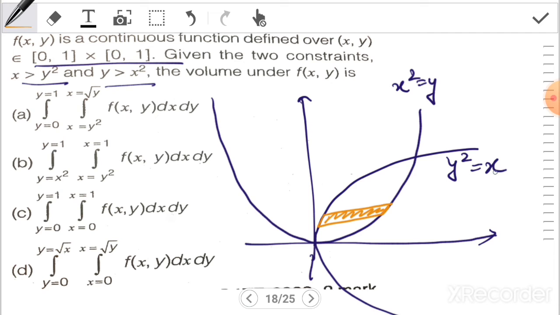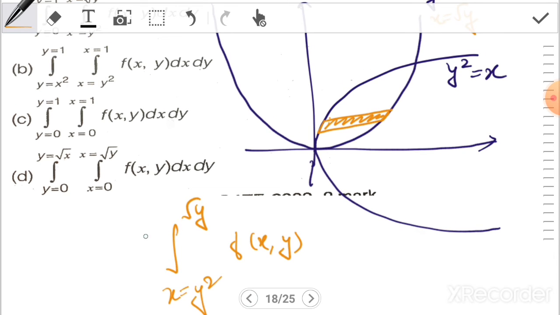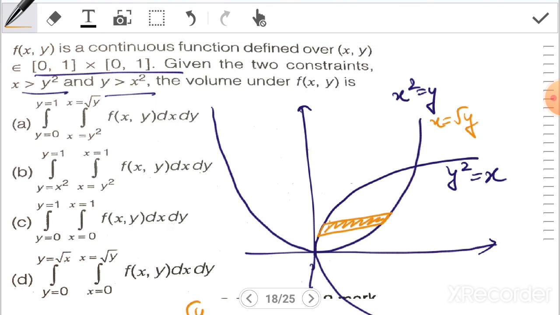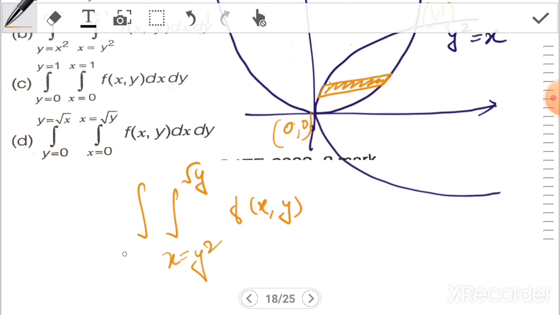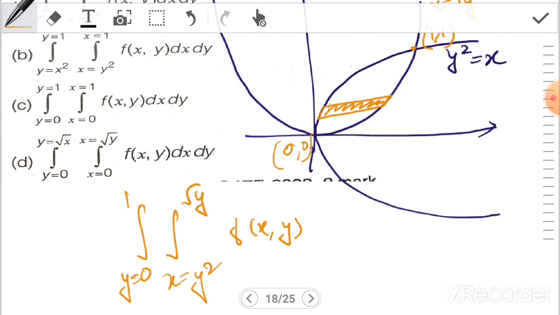So that means x is varying from y square to root under y of f(x, y), and y is varying from 0 to 1, and of course dx dy.